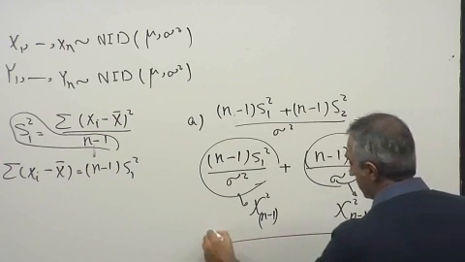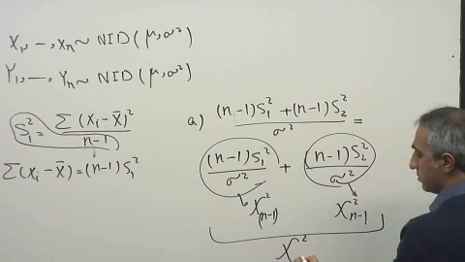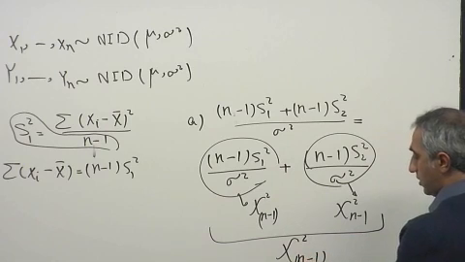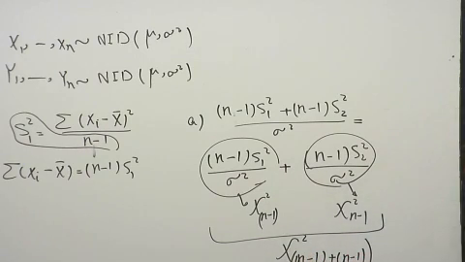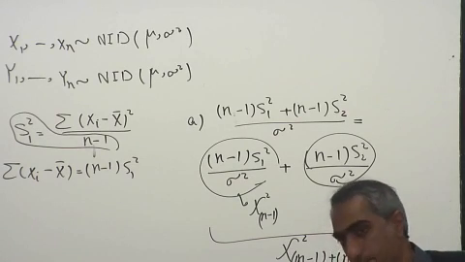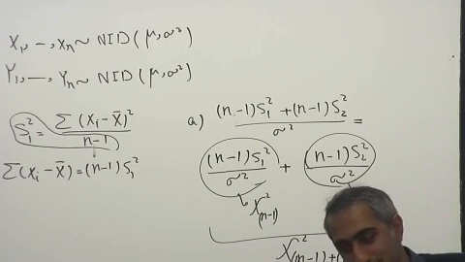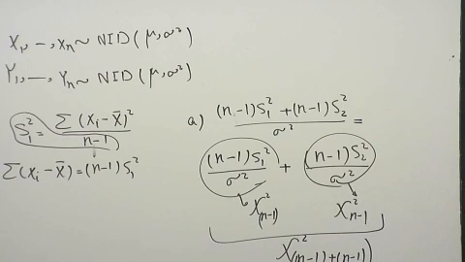So everything together is chi-square with n minus 1 plus n minus 1 degrees of freedom. That's it. Now you see how easy that was. Any questions?